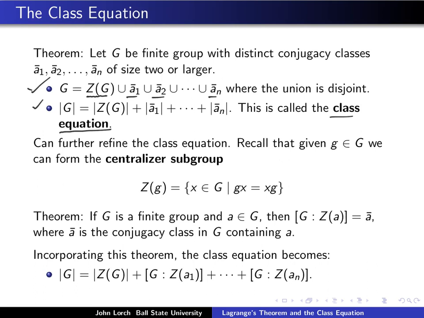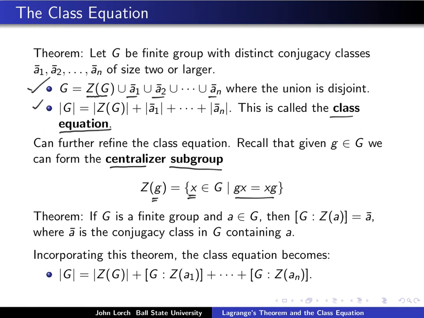Now, we could just brush our hands and walk away, but there is a way to further refine the class equation, and it involves these centralizer subgroups. So you might remember from a week or two ago, if you have an element little g in your group capital G, and you consider all of the things that commute with little g, that forms a subgroup called the centralizer subgroup associated to that element little g.